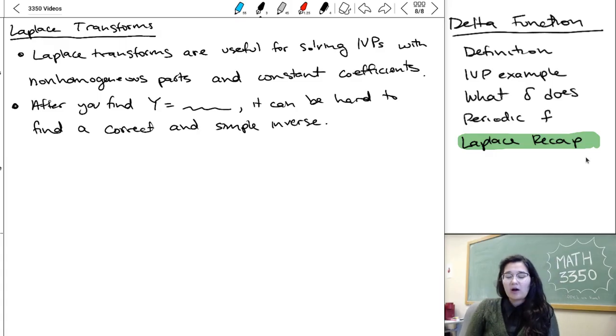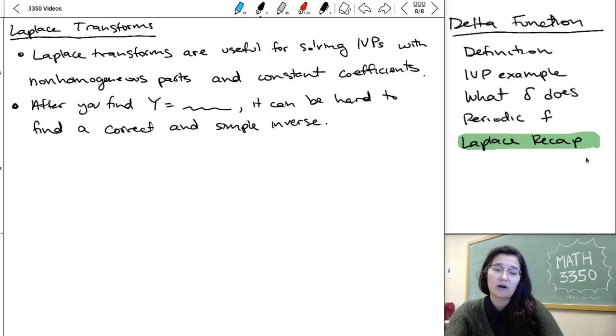Remember, we did so many problems where we had to do partial fraction decomposition, or in that section on convolution, we saw that depending on whether or not you spotted this special derivative trick could be the difference between that inverse taking you just a couple seconds versus taking you evaluating a whole new integral at the end of your problem. So that aspect of these problems can be tricky.